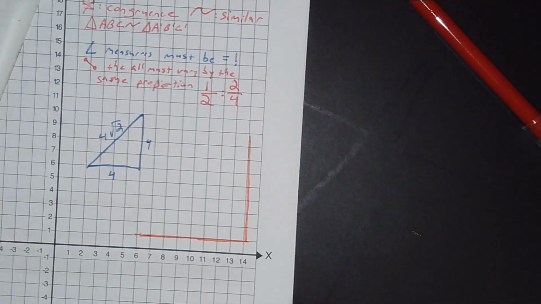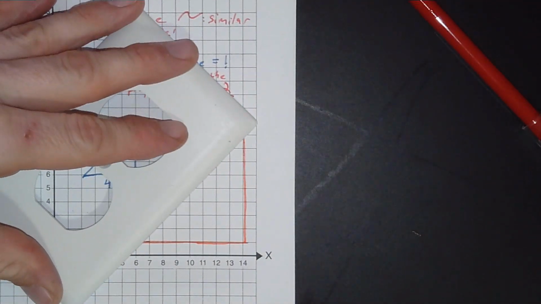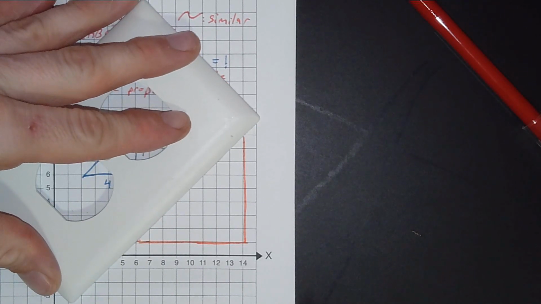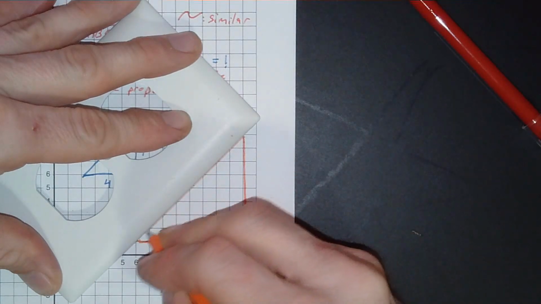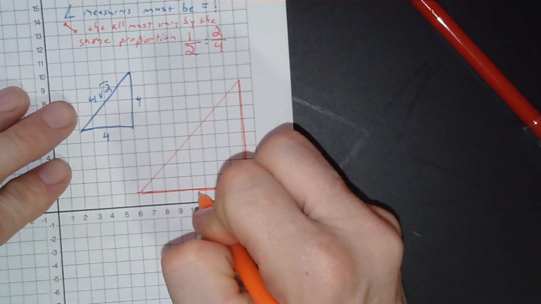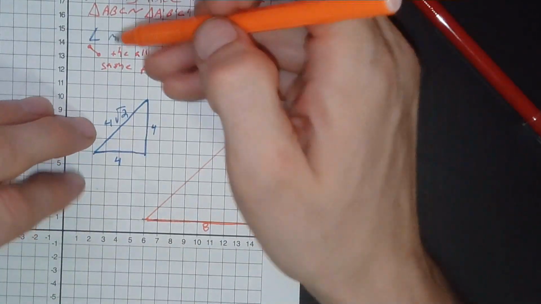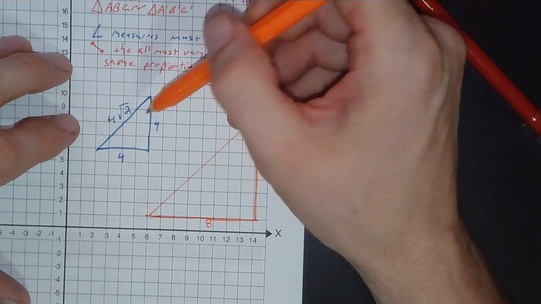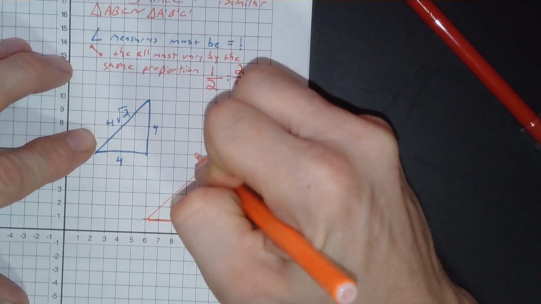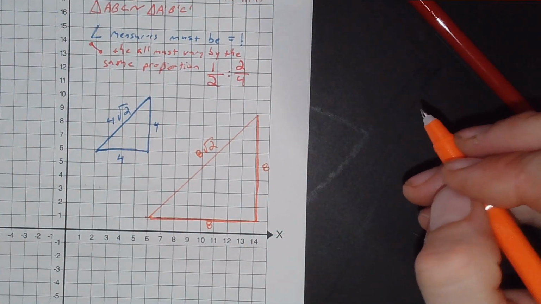Then we'll make the hypotenuse, so this is 8 and this is 8. This is twice as long, so I'm going to venture that this is 8 square root of 2. That's how that would go.